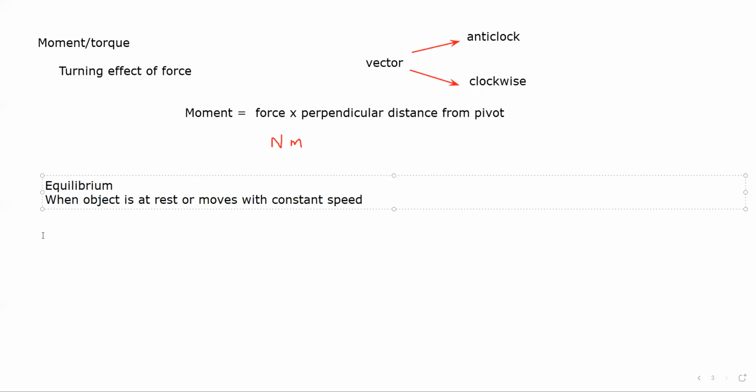And what are the conditions for an object to be in equilibrium? There are two conditions. Number one, there should be no resultant force, and there should be no resultant moment.